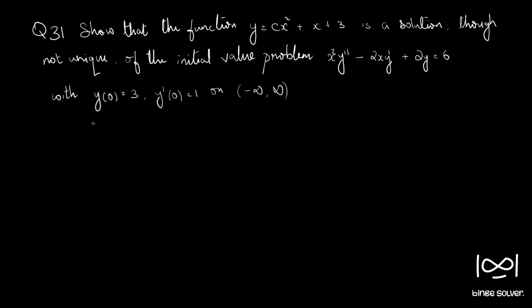So we have a function here and we need to show that this is a solution of this initial value problem, this differential equation and these initial values. And we have to show that it's not a unique solution.